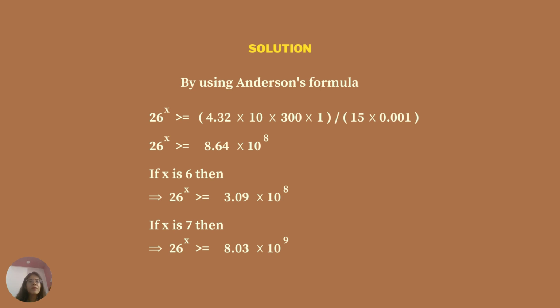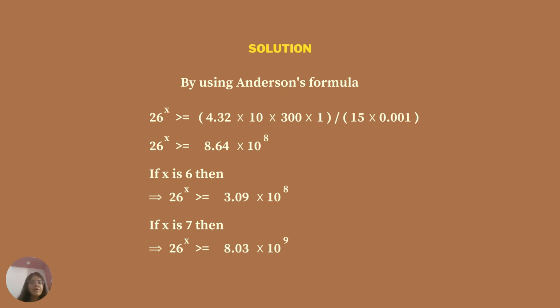The solution is given by using the Anderson formula. So here, 26^x should be greater than or equal to 4.32 × 10 × 300 × 1, divided by 15 × 0.001.